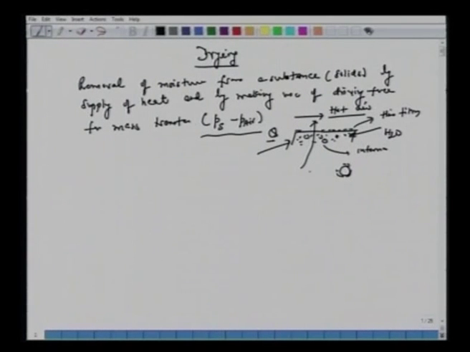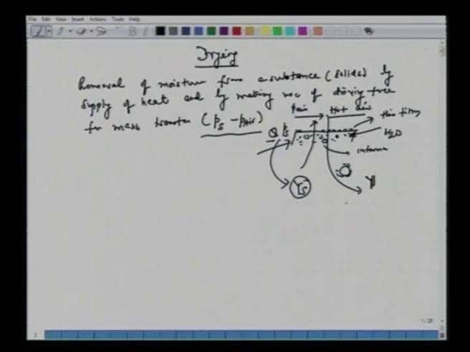As a consequence of this driving force, what driving force are we talking about here? We have Ps, the partial pressure of moisture in the vicinity of the solid surface, and Pa in the atmosphere or in this air. Equivalent to this Ps, we can think of some Ys, kg of moisture per kg of solid at the solid surface, and here we can have some Y, kg of moisture per kg of air.